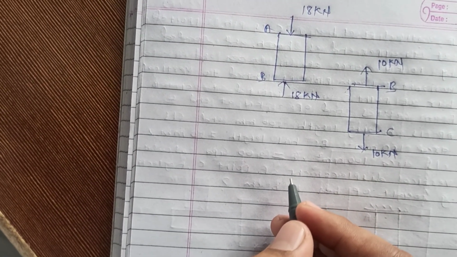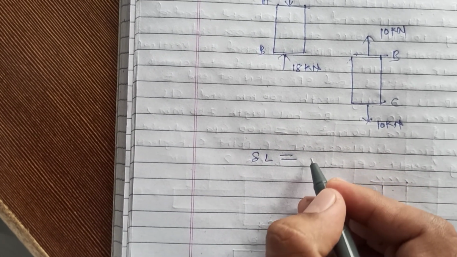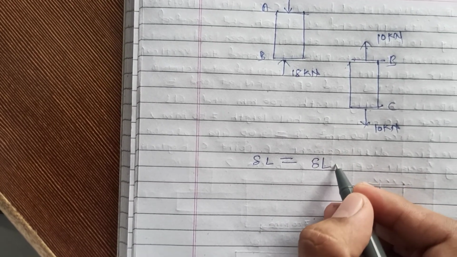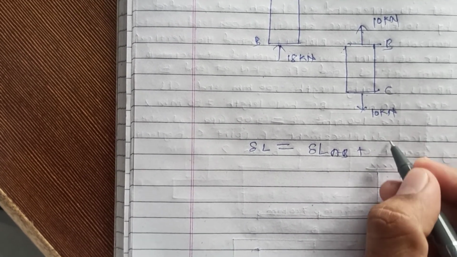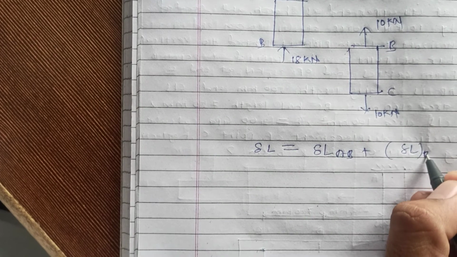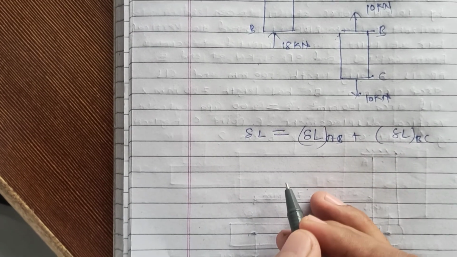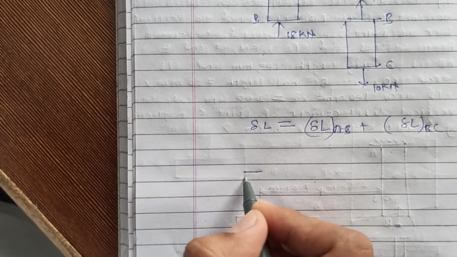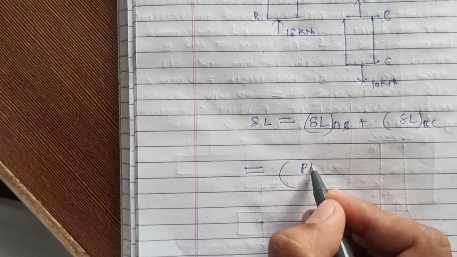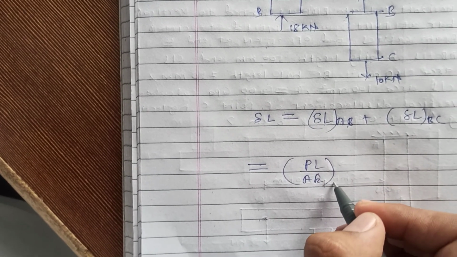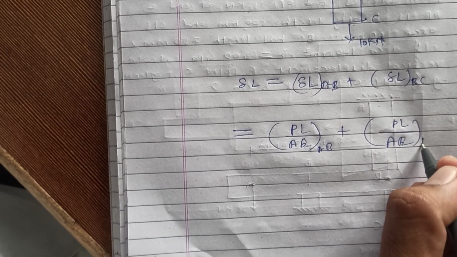Let us use the principle of superposition: delta L net deformation is equal to delta L of AB plus delta L of BC. Put all the values. Delta L of AB is PL by AE of AB plus PL by AE of BC.